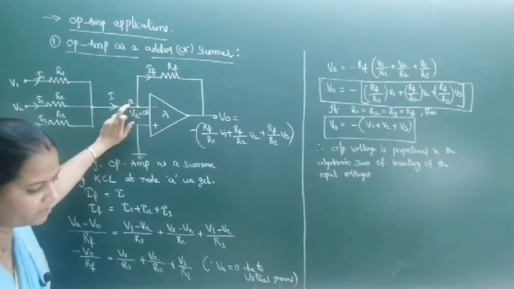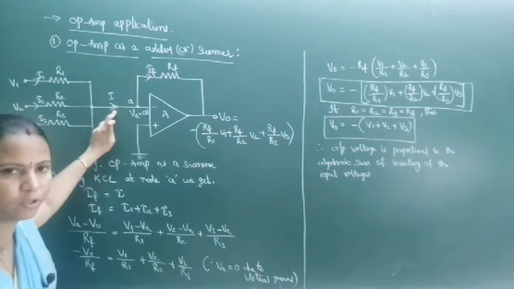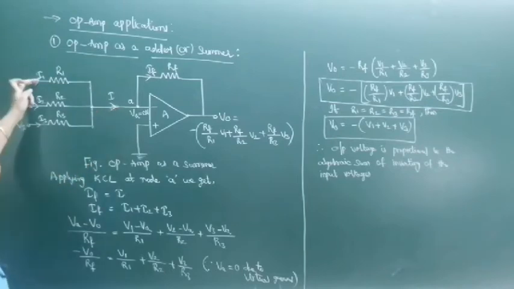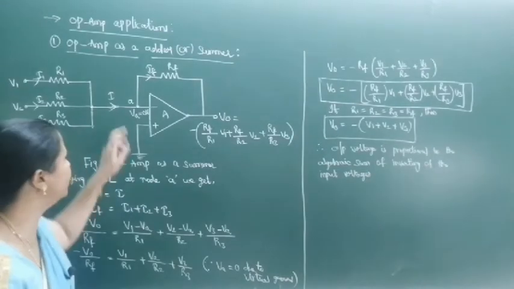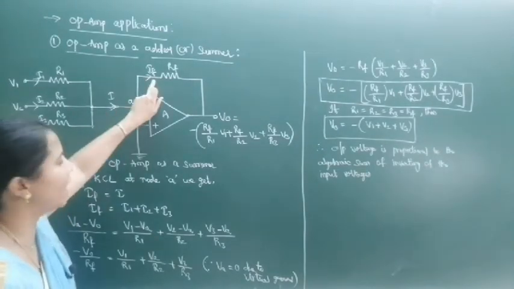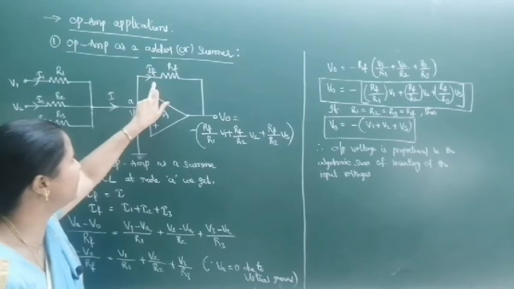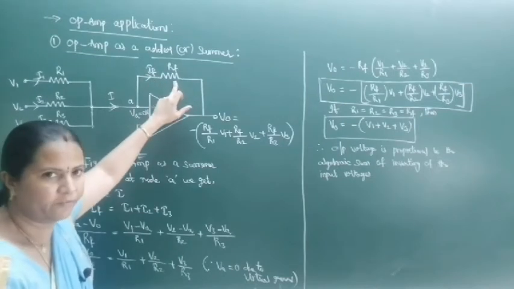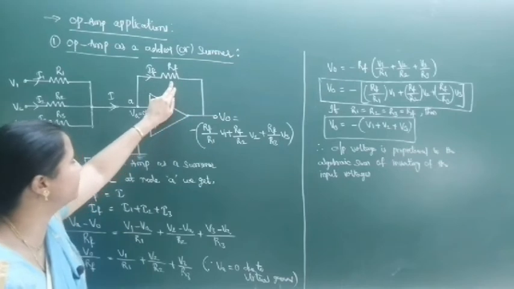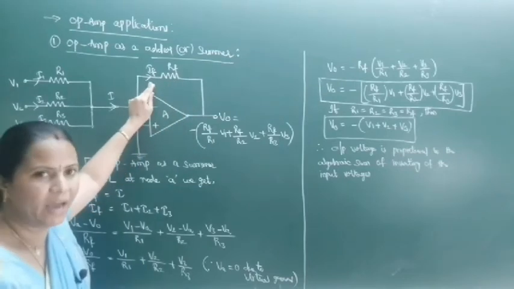The total current I is equal to I1 plus I2 plus I3, and it is also equal to IF, which is going through the feedback resistor RF. At the feedback resistor RF the current is known as the feedback current.